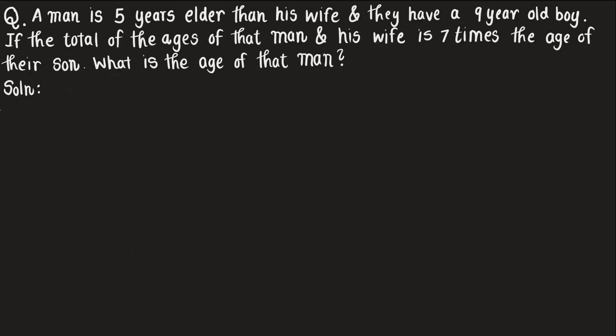So the next question is, a man is 5 years elder than his wife and they have a 9-year-old boy. If the total of the ages of the man and his wife is 7 times the age of their son, what is the age of that man?